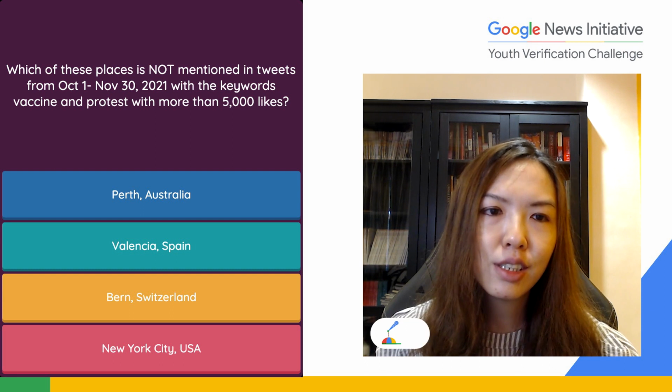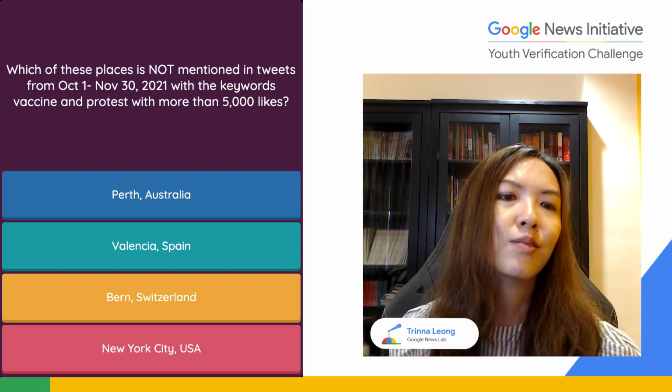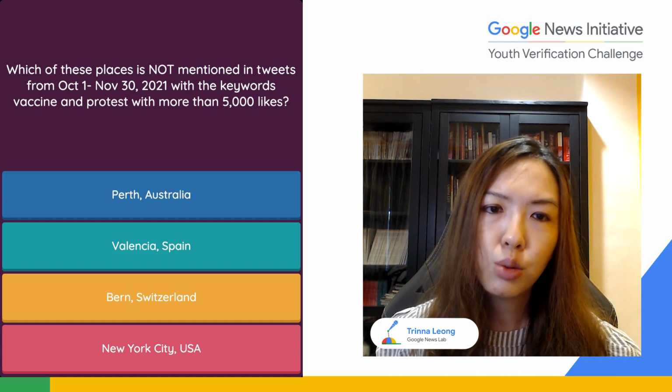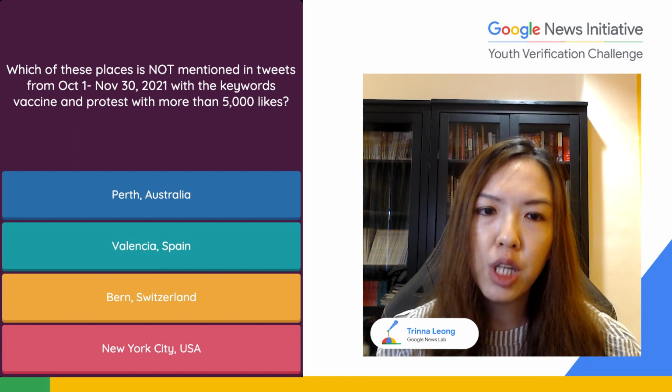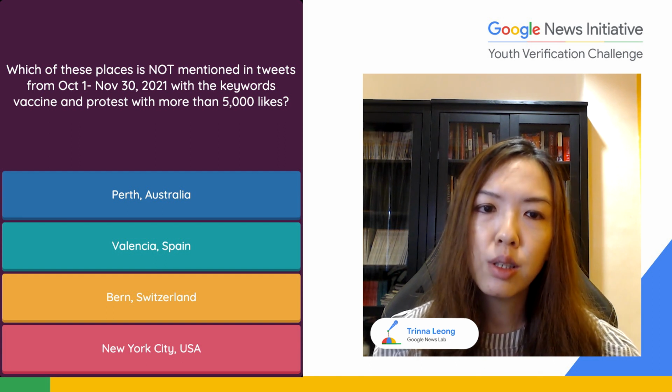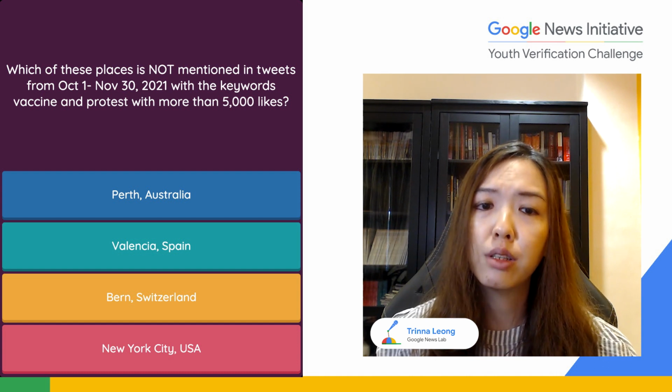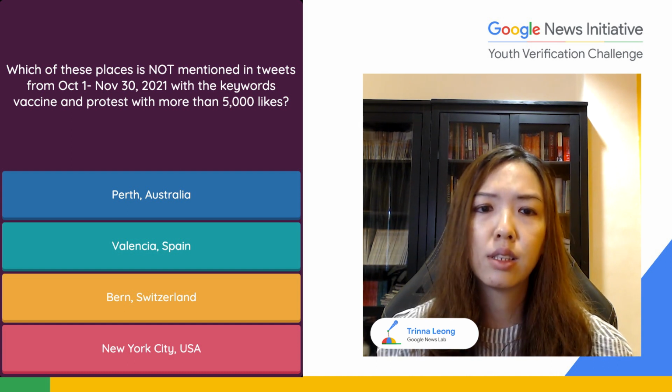Now here is our question for today. Which of these places is not mentioned in tweets from October 1st to November 30th, 2021, using the keywords vaccine and protests that has more than 5,000 likes?